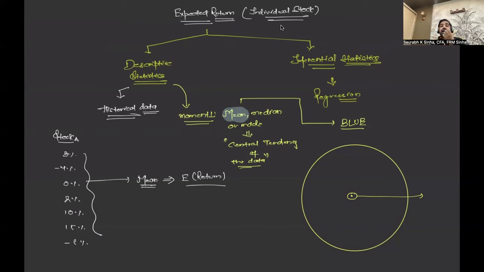Estimator of what? Estimator of the future. And therefore, most of the time, instead of using median or mode, we use mean. So it's not that we have taken mean abruptly to find the expected return of the stock. There is a proper statistics discussion that will happen in the quantitative analysis discussion.